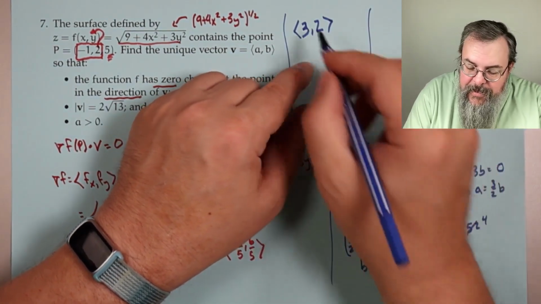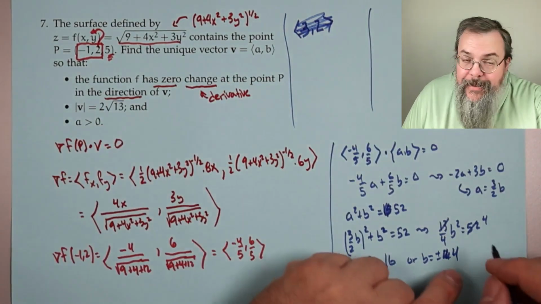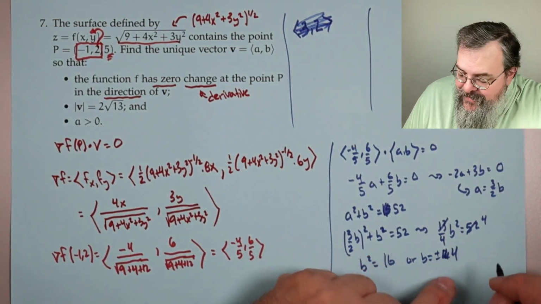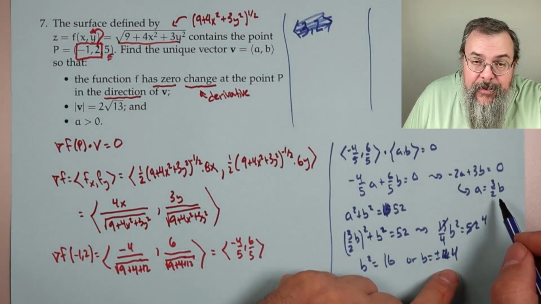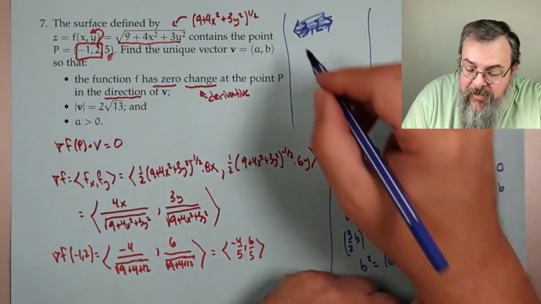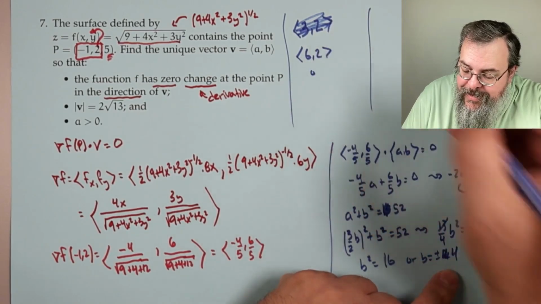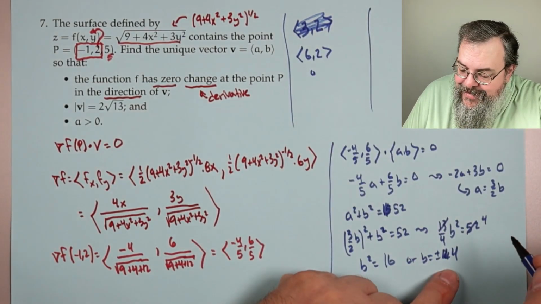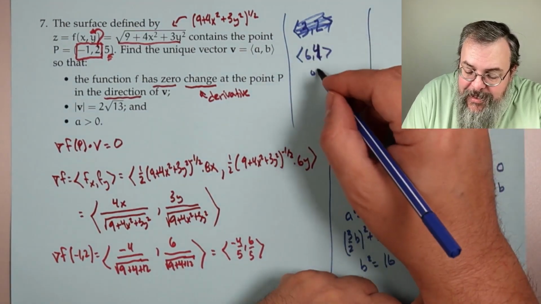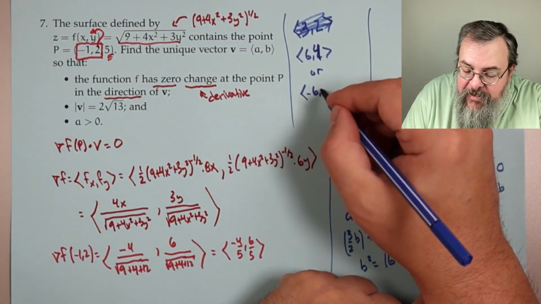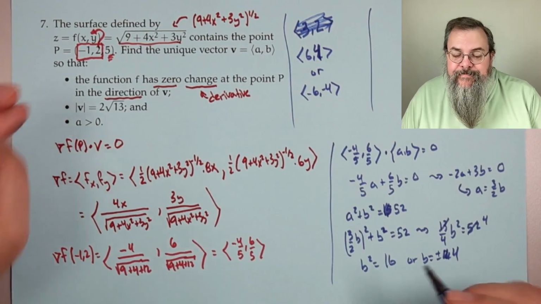I was looking at 3, 2. It's not big enough to get that. My apologies. 3/2 times 4 would be 6. So we have either 6, 4, or -6, -4. So that's from the first 2 bullet points.